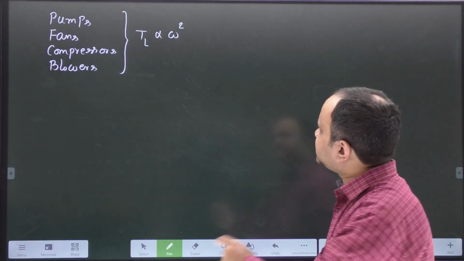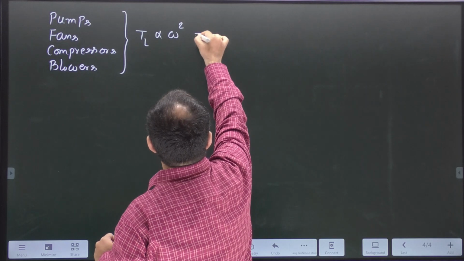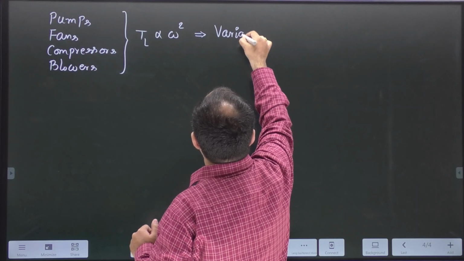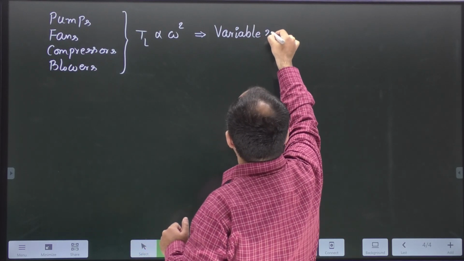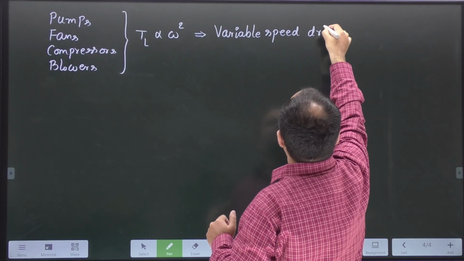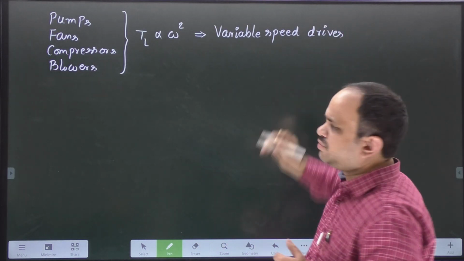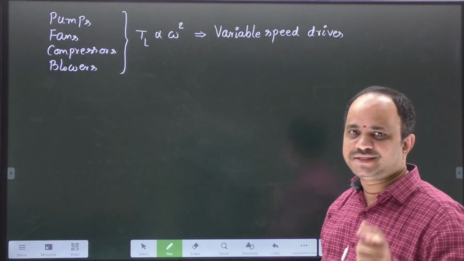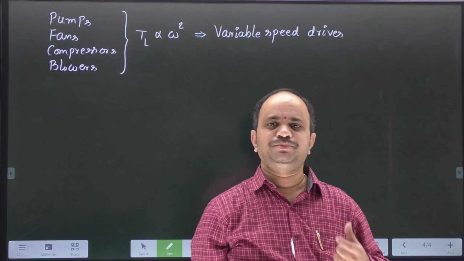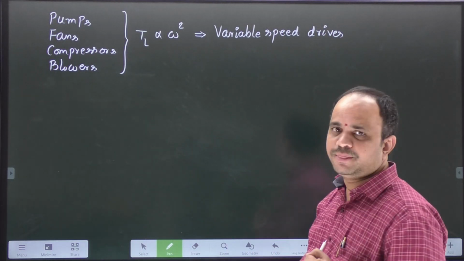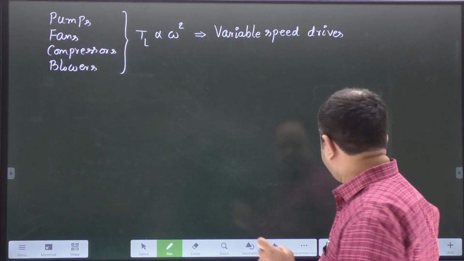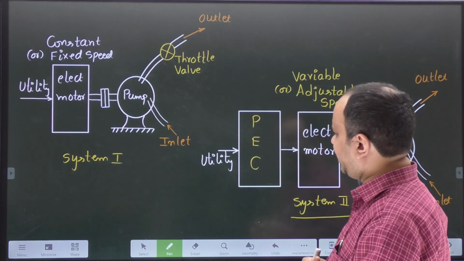Now, in these types of applications, if you employ variable speed drives, or let me call them motors also, the abbreviation is VSD or ASD, variable speed drives or adjustable speed drives. So in these systems, if you employ variable speed motors, what will be the advantage?